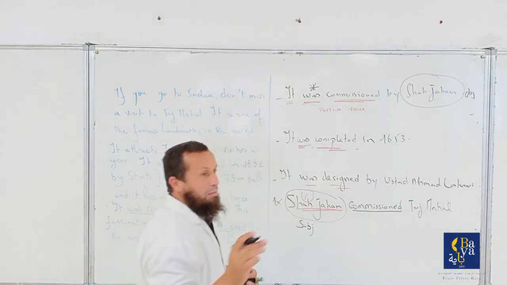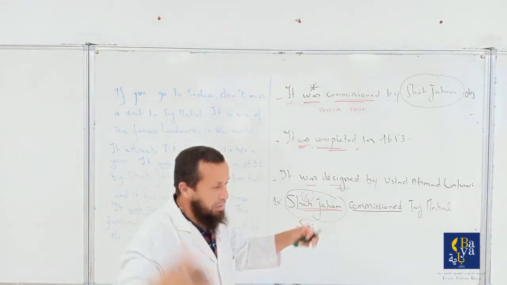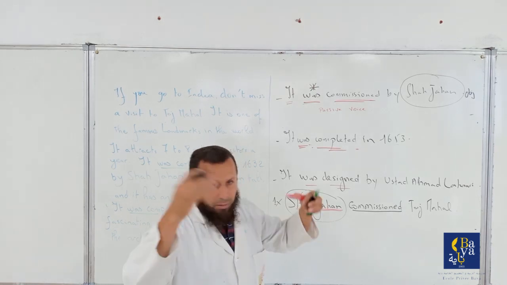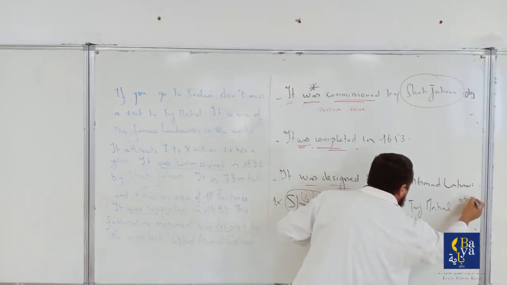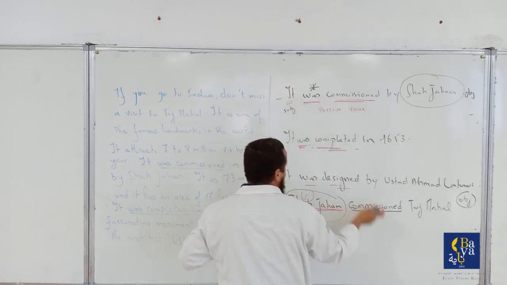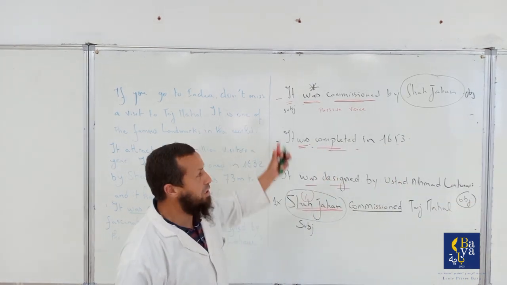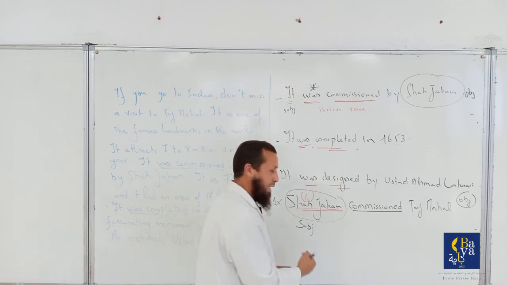Sometimes it is Taj Mahal, sometimes it is Burj Khalifa, sometimes it's the Big Bang. So it becomes the object. Here it's a subject, and here it becomes an object. This is from the passive to the active.